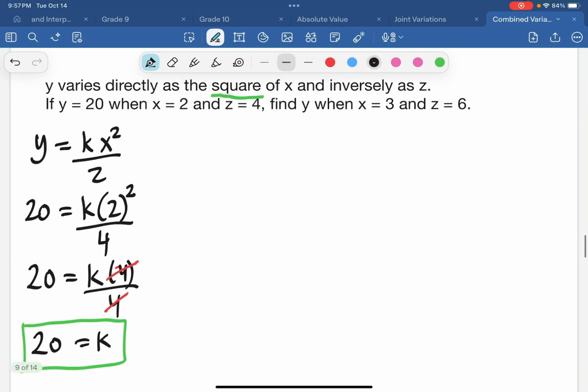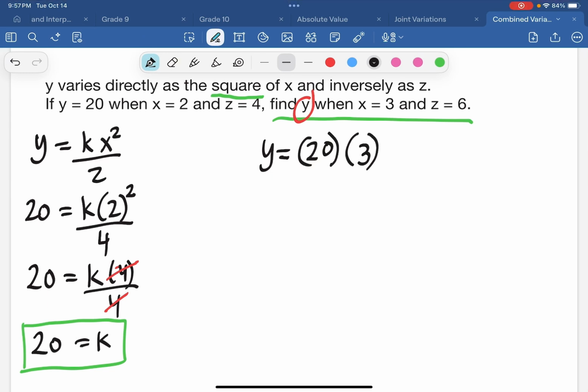Now, let's proceed to the second part of the problem. We're going to try to find y based on the given. So we have y equal to 20, which is the value of k, times 3, which is the value of x. But again, don't forget the squared, over 6. First we have 3 squared, which is 9.